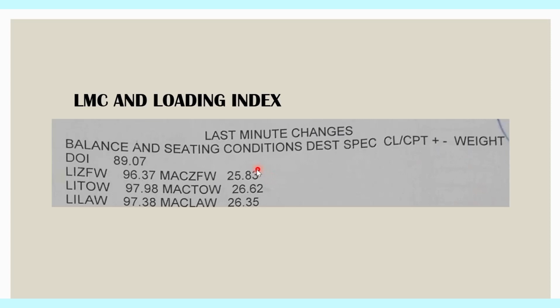These are percentages of the MAC, and the MAC stands for mean aerodynamic chord, which is simply a distance between the leading edge and the trailing edge on the average wingspan.